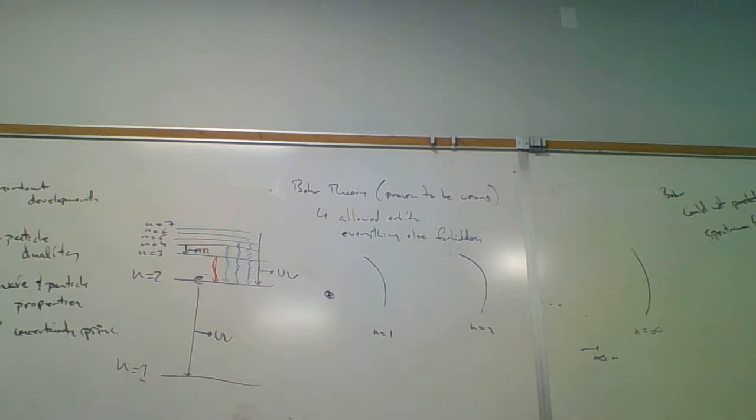When we look at standing waves, something has to happen in order for it to be allowed. What has to happen is it starts and ends at the same place. So let's take a look at something like this.